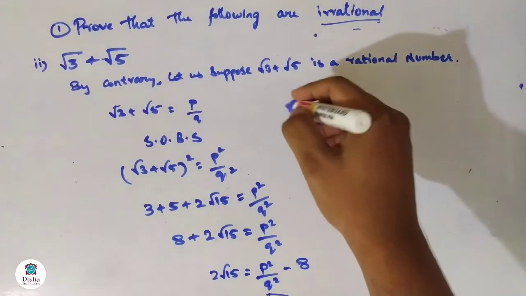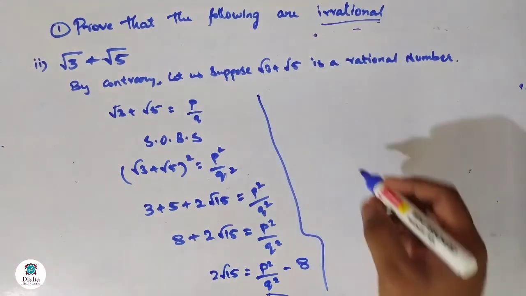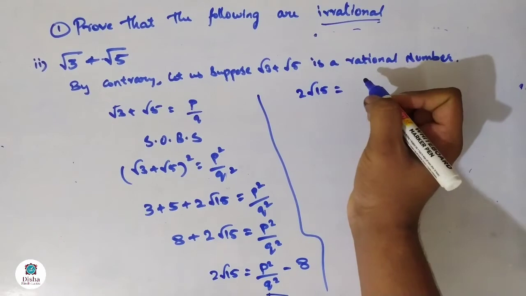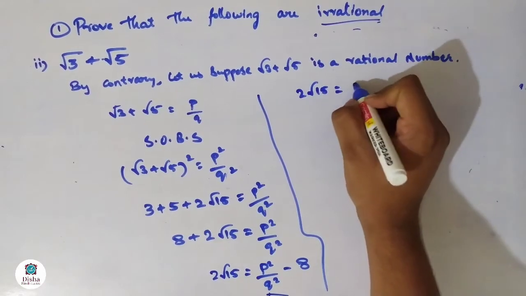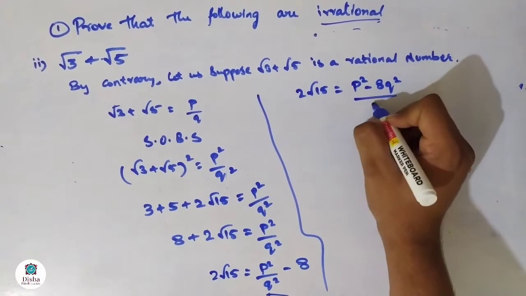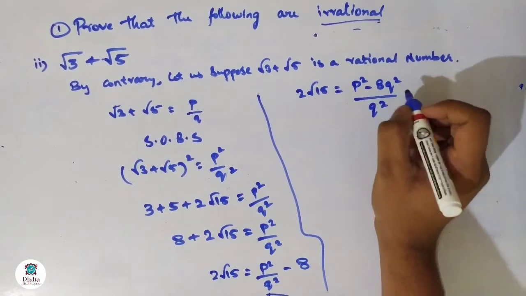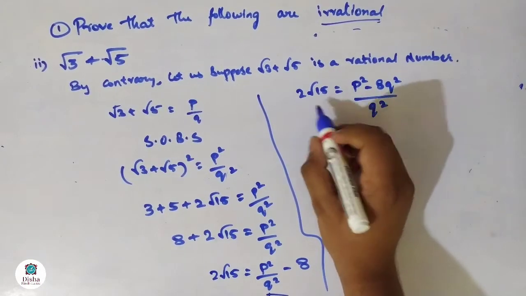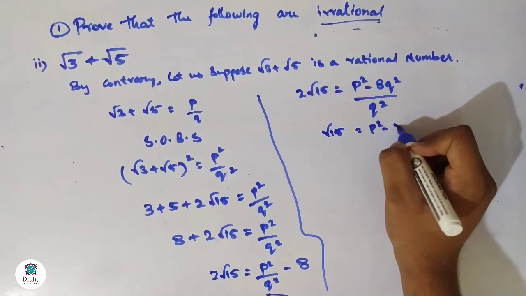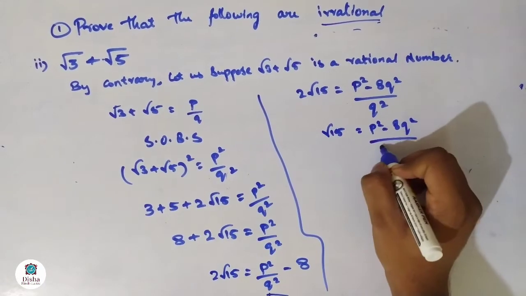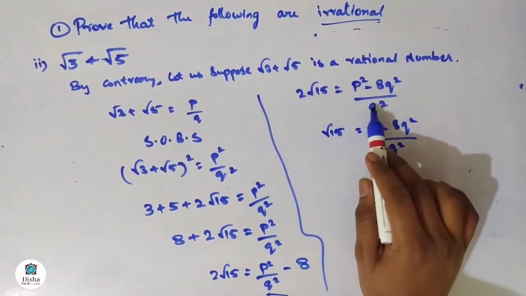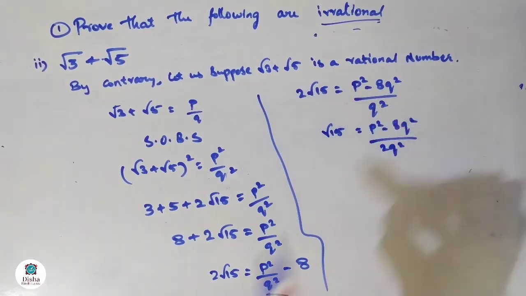So let us solve that here. 2 root 15 equals p square minus 8q square by q square. Then root 15 will be, since the 2 is in multiplication, it goes into the denominator, that will be 2q square. So the numerator is the same and in the denominator we are just multiplying by 2.